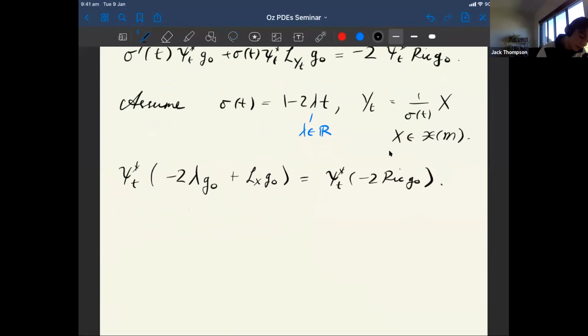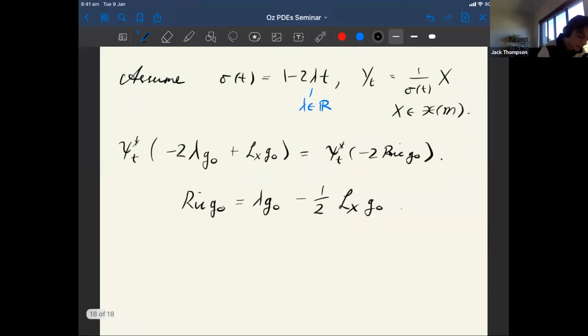So what we really want to look for in order to obtain a particular solution to the Ricci flow is G naughts that satisfy the following equality, for some vector field X and some constant lambda. So this is the other definition that you often see. And in fact, if you Google Ricci solitons, this is the definition Wikipedia gives.